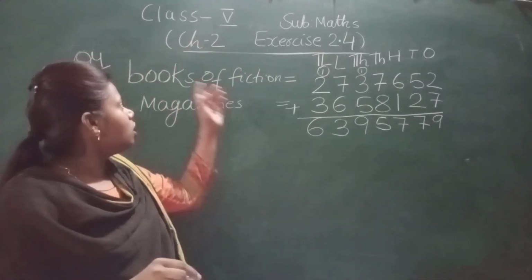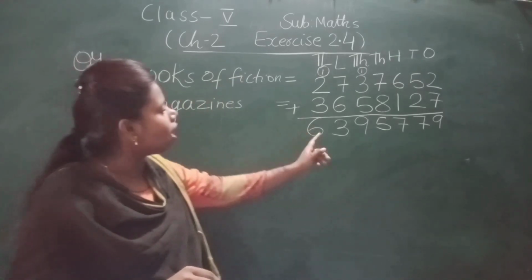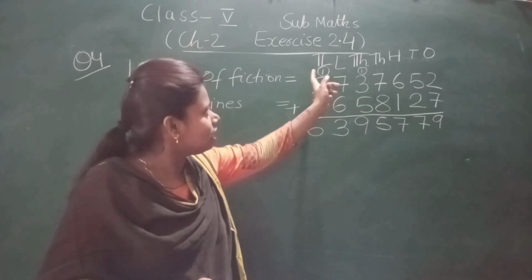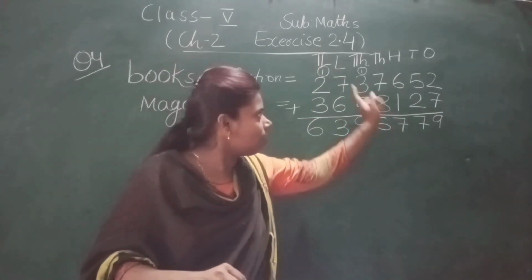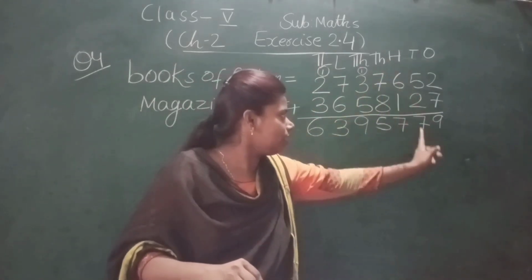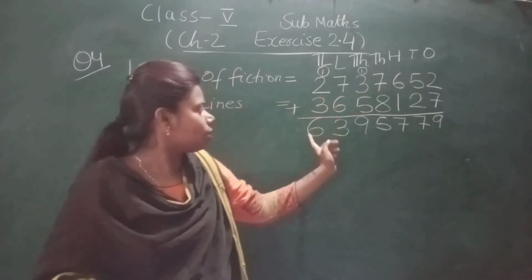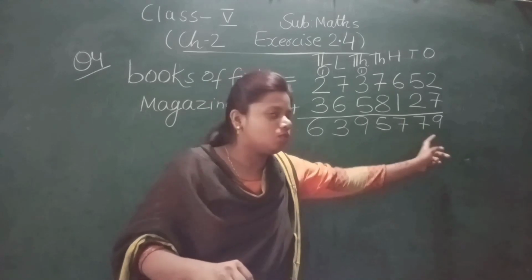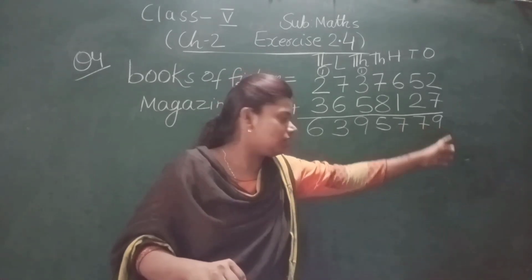So books of fiction and magazines are how much? 63 lakh 95,779. You can see this one is in the lakhs place, this one is in the thousands place, this one is 7, this one is 779.